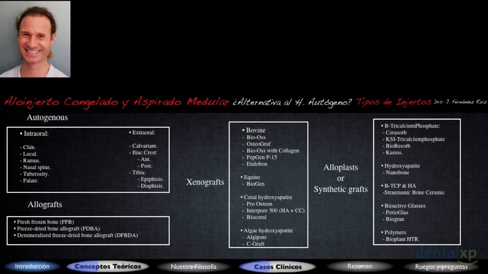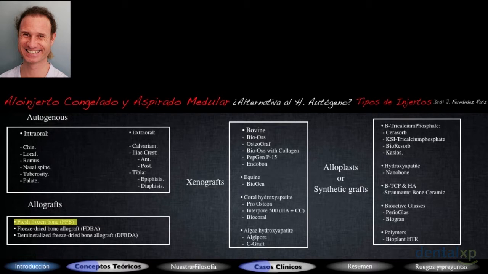There are other types of grafts called allografts, which are from the same species but a different individual, or we could have bone grafts derived from animal tissue, called xenografts. They're of bovine origin, or coral hydroxyapatite, or we can have alloplasts, which are synthetic grafts that we can use as well.